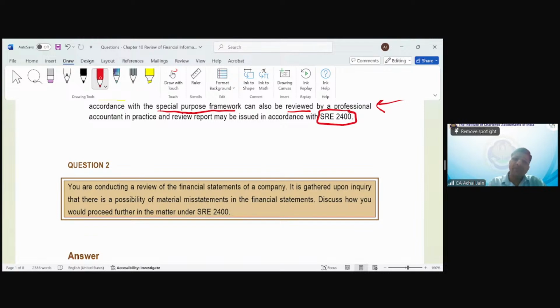So 800 may apply, why? Because it's a special purpose framework. But then it will have to be an audit. Then the scope will have to change. Clear? Yes, sir. So do not mix up two things. 800 is not about special purpose financial statements always. 800 is also about this aspect related to the scoping.